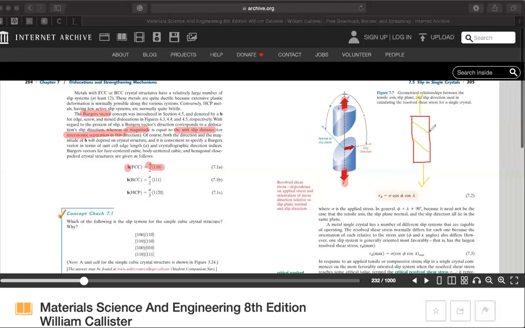So what we need to do is decompose this stress into two types of stress. The first one is parallel, representing the shear stress in the slip direction, and the other is normal to the surface.